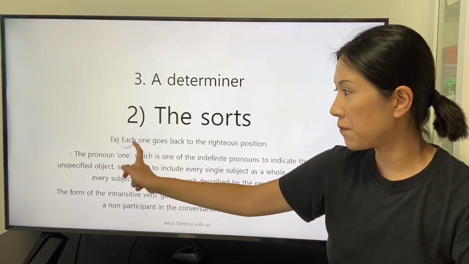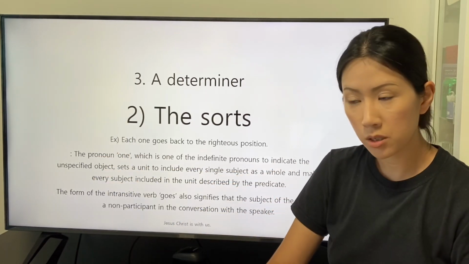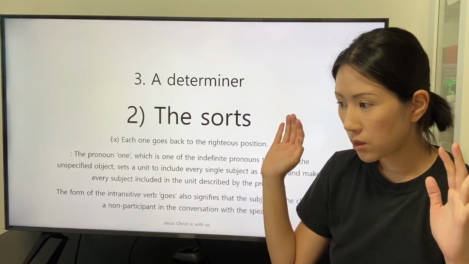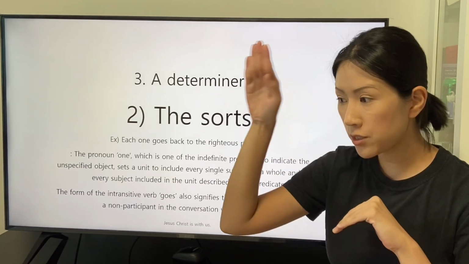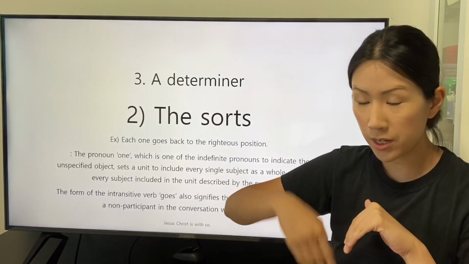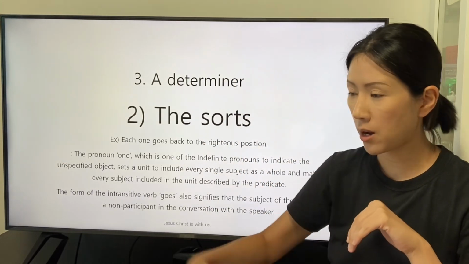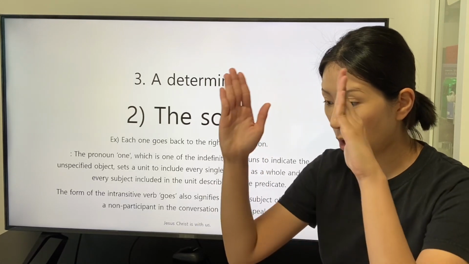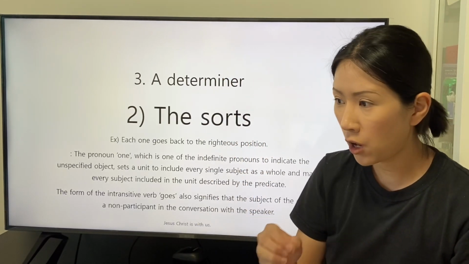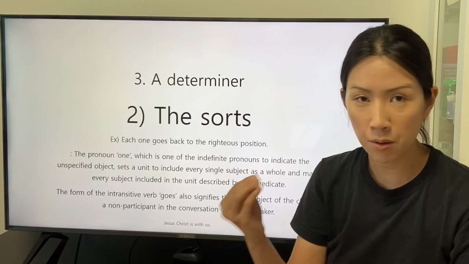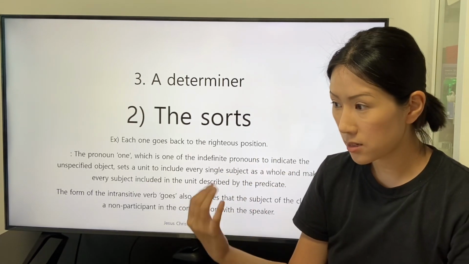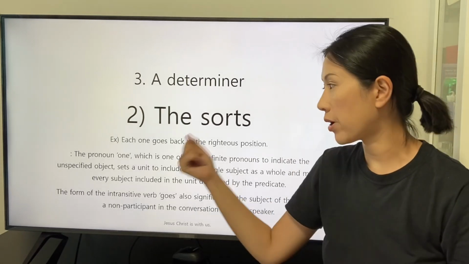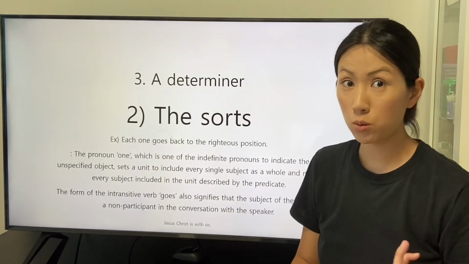The application of the determiner each reveals that every subject included in the range indicated by the indefinite pronoun one can be a group whose component is described by the intransitive verb goes commonly. Every subject is described by the intransitive verb goes.